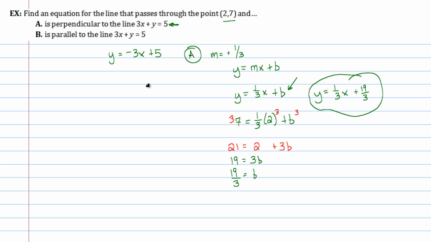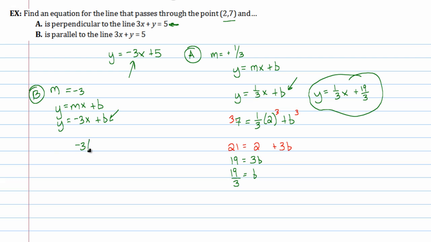Part B, they're asking, what's the equation of the line that goes through that point but is parallel to this given line? So for part B, we want the slope to be the same as negative 3. Again, the standard form for a line is y equals mx plus b. Replace that m with our slope, a negative 3. And again, we're at this point where we are just missing the value of b, but that's okay because I'm going to plug in the point that this line is supposed to go through.